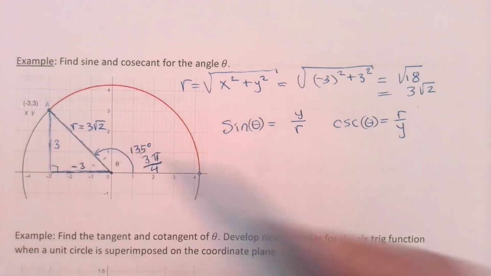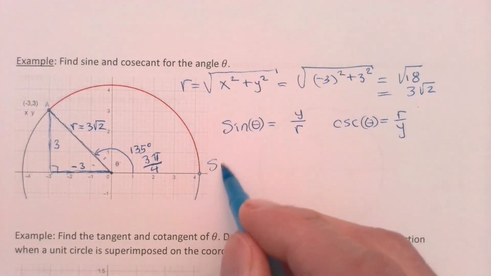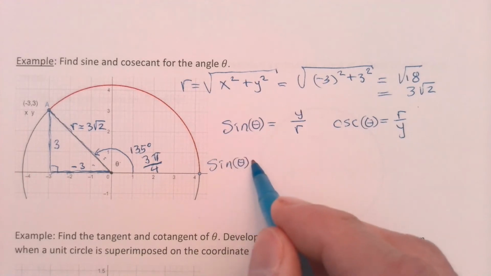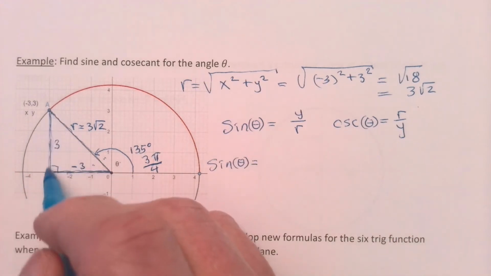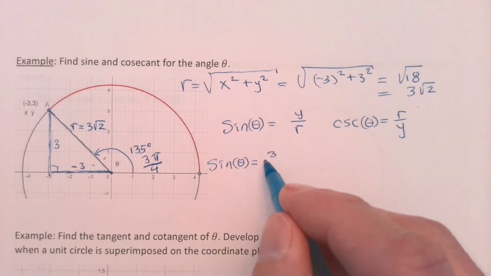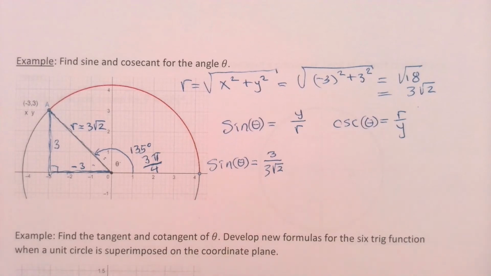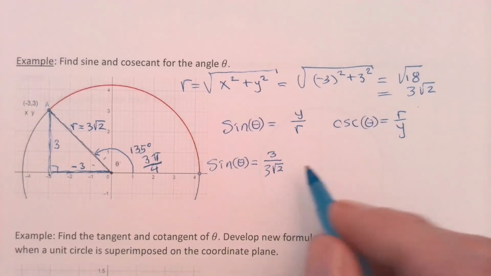It's 3 root 2. I'm going to go ahead and do sine and cosecant now. First, the hard one. Sine theta is y over r. Y is 3, and r is 3 root 2. So that's 3 over 3 root 2, which just ends up being 1 over root 2.